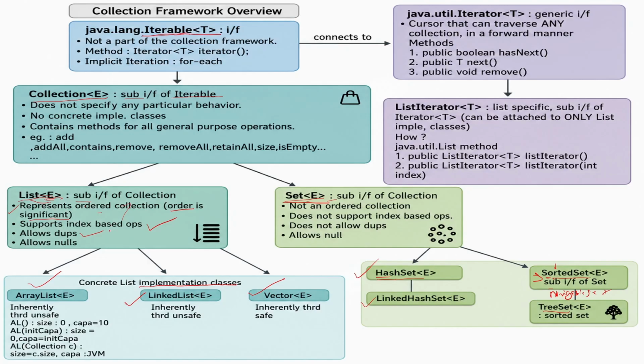Even if the values are duplicated, it allows duplicates, so those duplicate values will get stored in the list. And it also allows null values. So these are the four major pointers we need to remember for list.